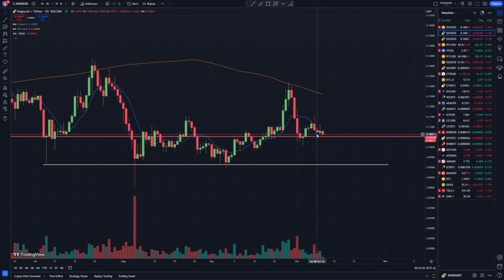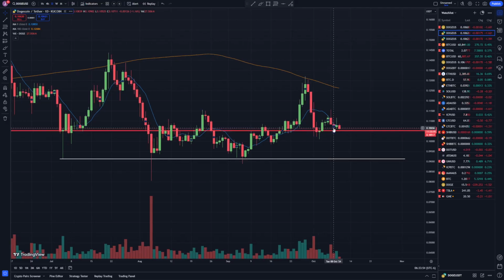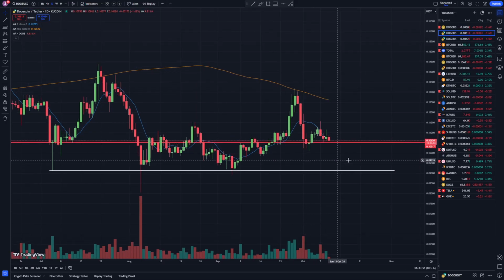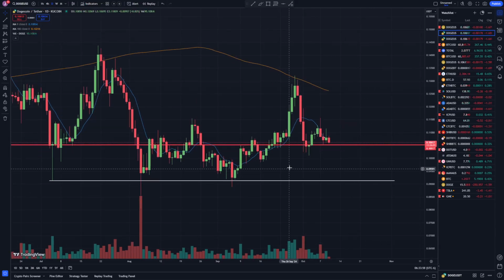I still have Coinbase Dogecoin, a nice little position. I sold it right here, and then it popped up, and then it came down. It's been toying around right in that area, using that red line as support.